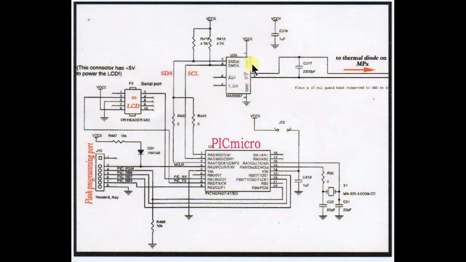And here we have our MAX 6657 with the I2C signals coming in to the PIC micro. Then we have the two lines going to the ASIC, wherein the embedded substrate diode is.